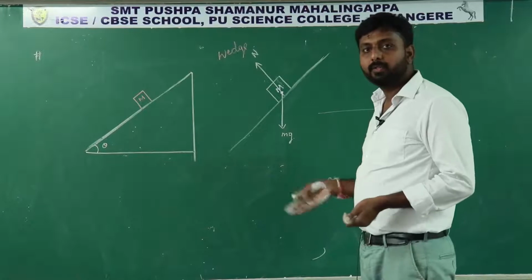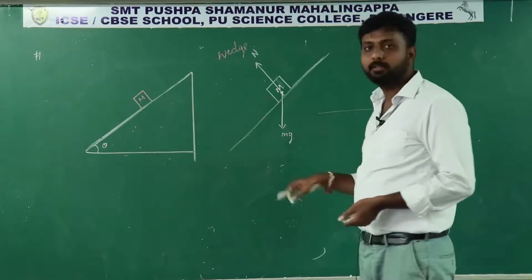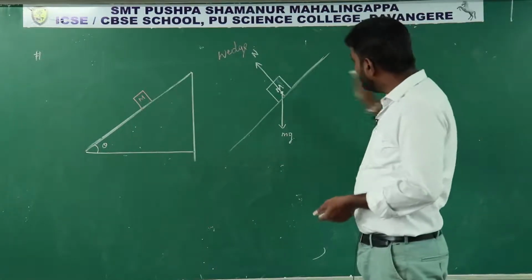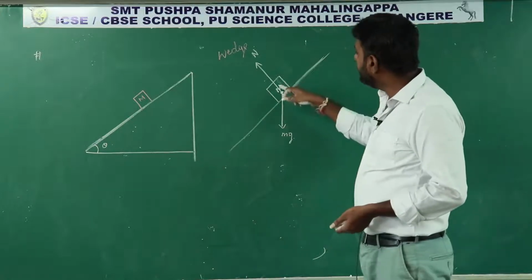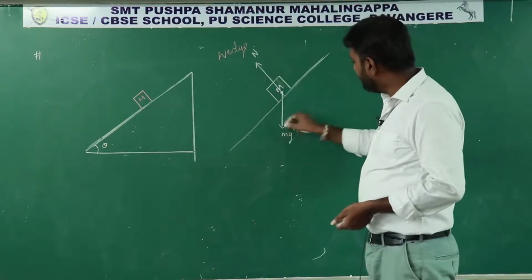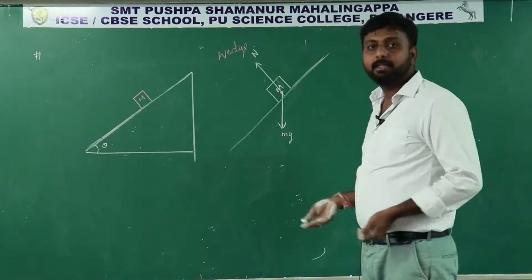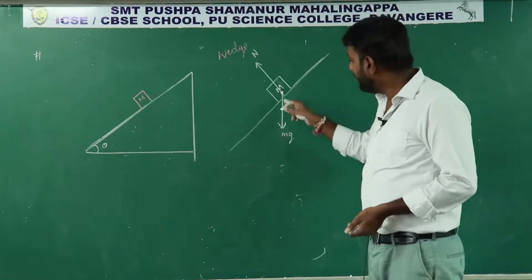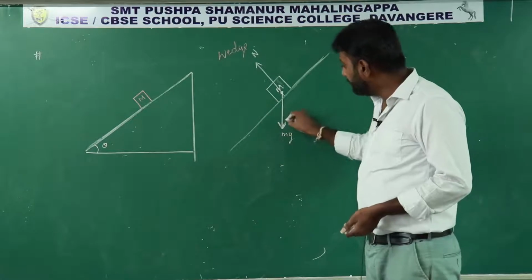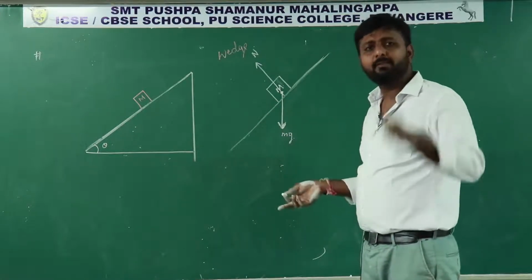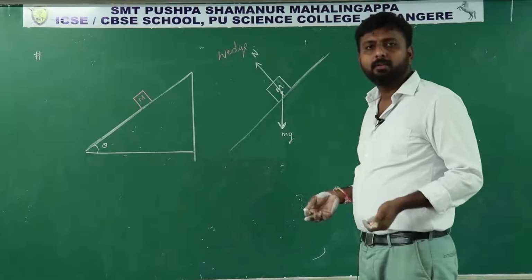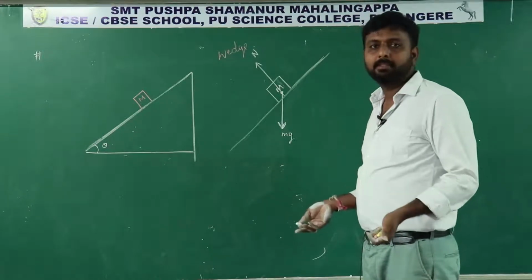Hence we do not show it when the object is placed on a horizontal surface. But in this case the normal force is not balancing mg. So in such cases we have to resolve this mg vector. Out of the two vectors, one vector we need to resolve to get the balance.